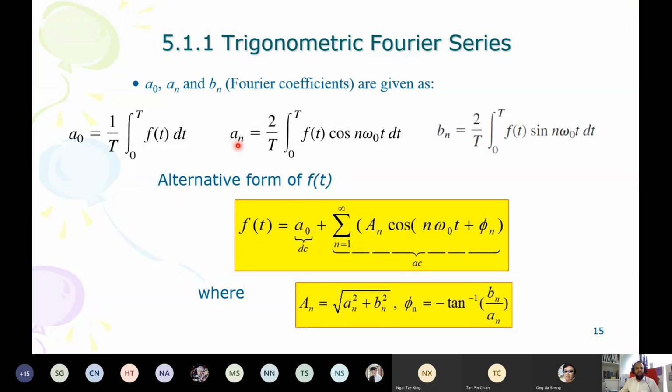So if suppose it's a2 and b2, capital A2 is the square root of a2 square plus b2 square, and phi 2 is tan inverse b2 upon a2. So we can also express them in phasors, with magnitude A n and angle phi n. This is one reason why we use cosine and sine functions, that they can be used to express phasors.